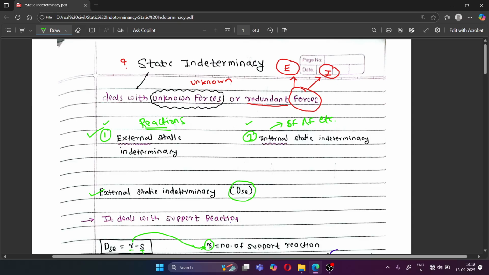If they are external, that means it is related to the reactions. Means whether conditions of equilibrium are sufficient to determine the reactions or not. Or if not, then how many unknown reactions are there? That count is given by the external static indeterminacy.